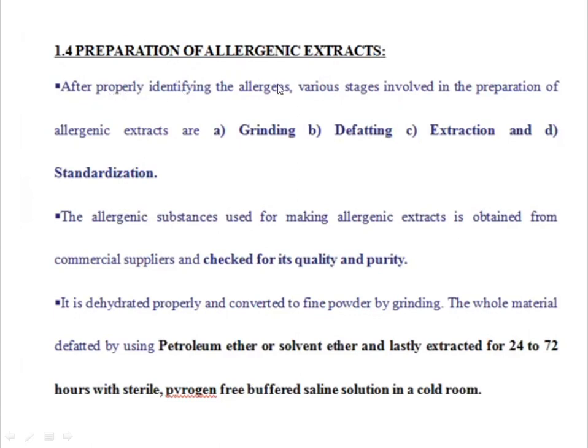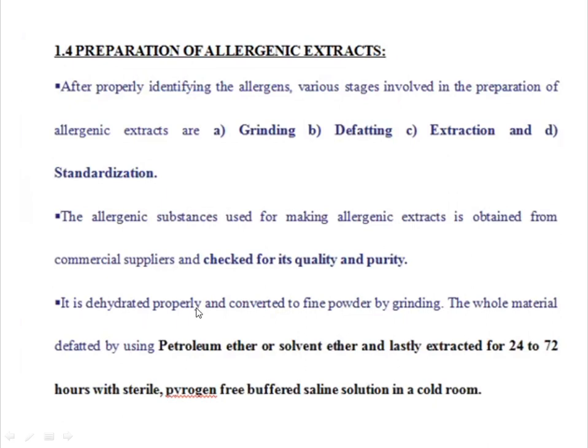After proper identification of the allergens, various stages are involved in the preparation of the allergenic extract, such as grinding, defatting, extraction and standardization. The allergenic substance used for making allergenic extracts is obtained from commercial suppliers. After procurement from the commercial supplier, it should be checked for its quality and purity.